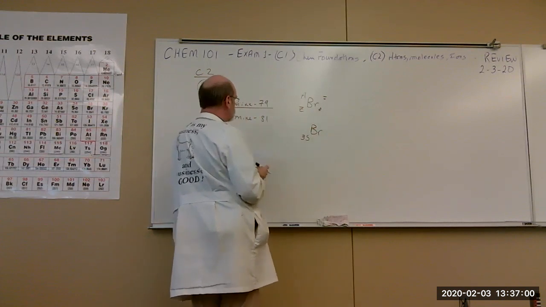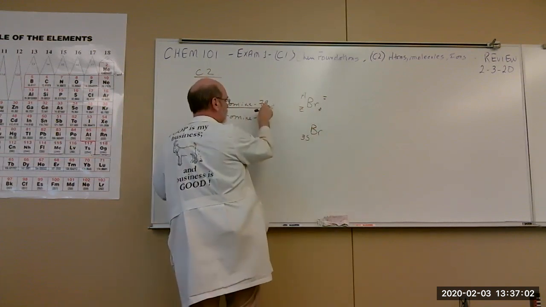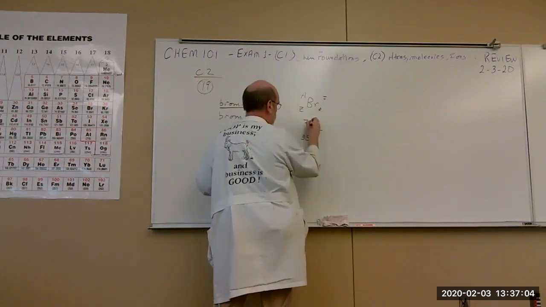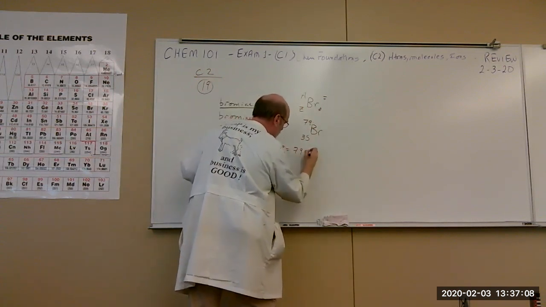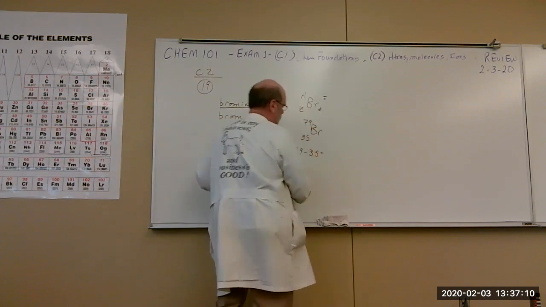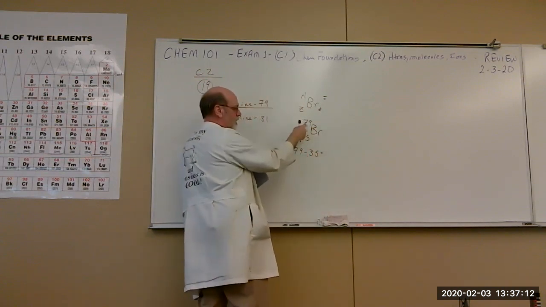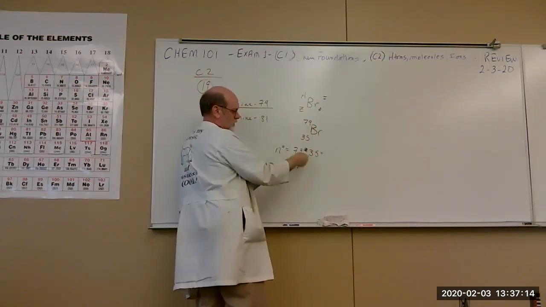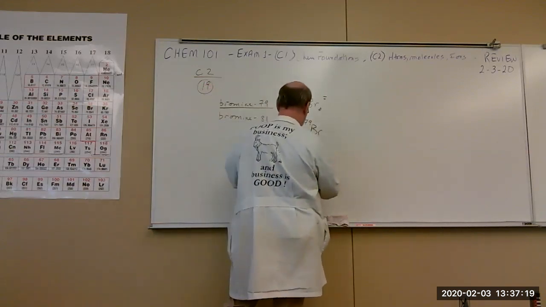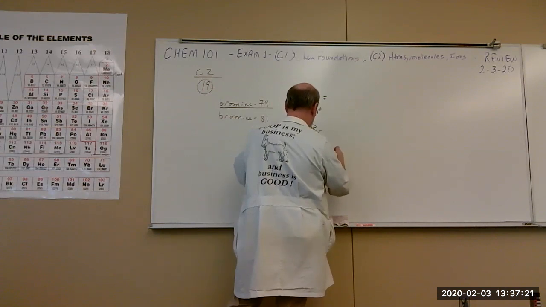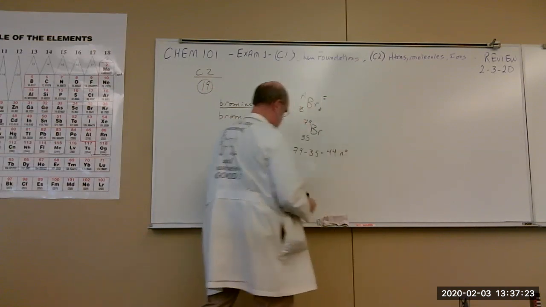How about the number of neutrons? If it's 79, mass number, the neutrons is equal to 79 minus 35, because this number is the total of protons plus neutrons. So if you subtract the protons, you're left with neutrons. So this is 44 neutrons.